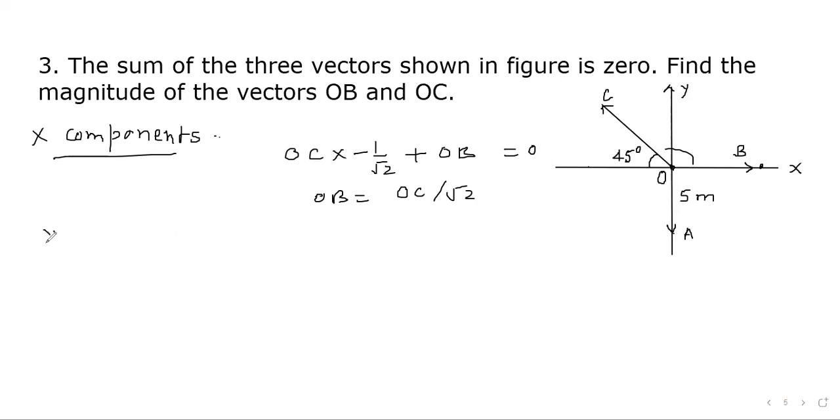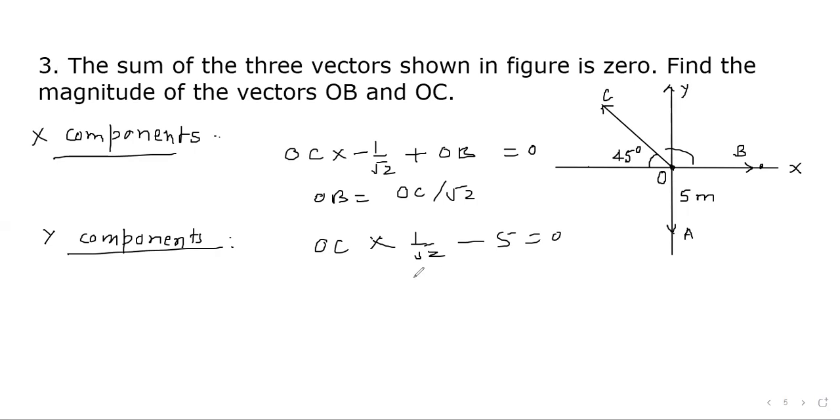Now the y component. Here it will become OC into sine 135, and that will be 1 upon root 2, minus this component 5 being opposite, equal to 0.